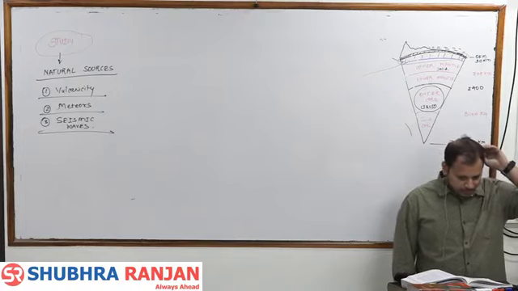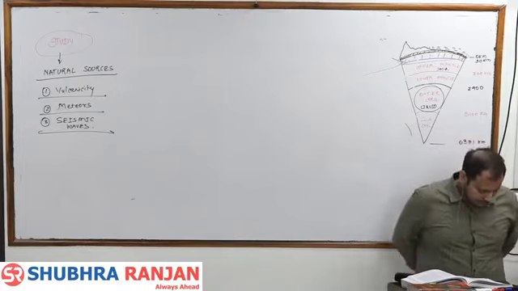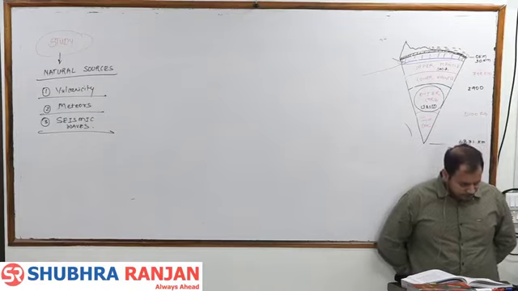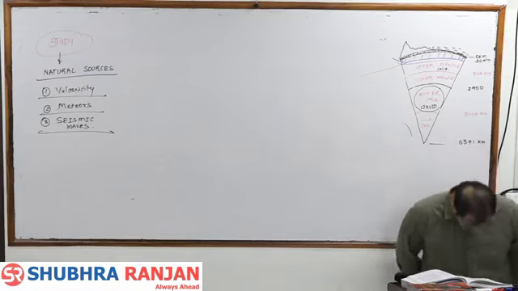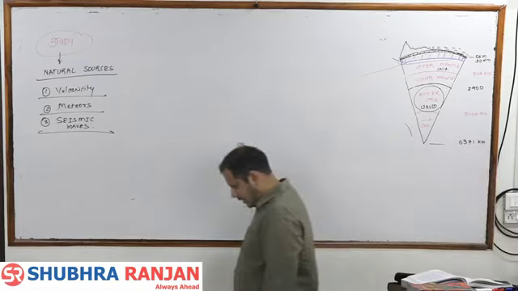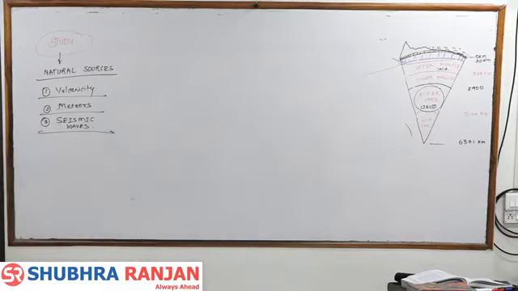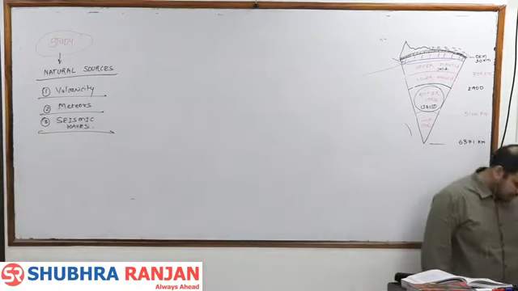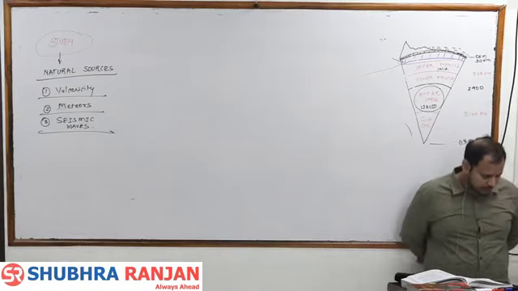But most volcanoes originate at a depth of 40 to 50 kilometers, and seldom originate, or do not originate, below 200 kilometers.